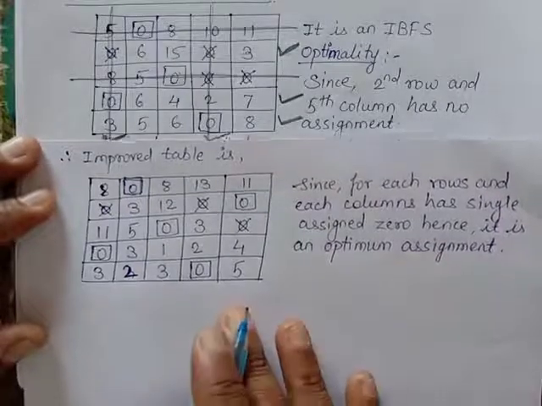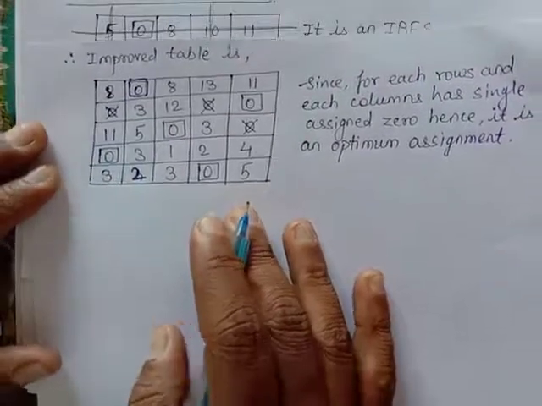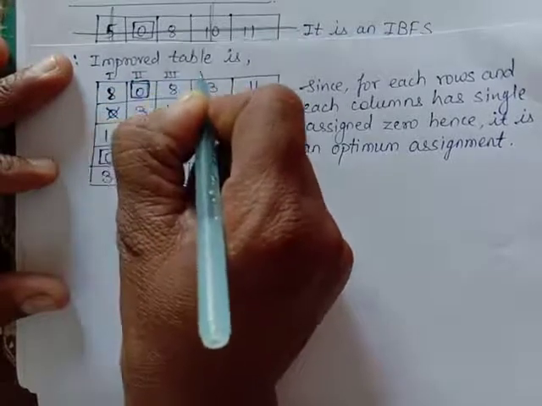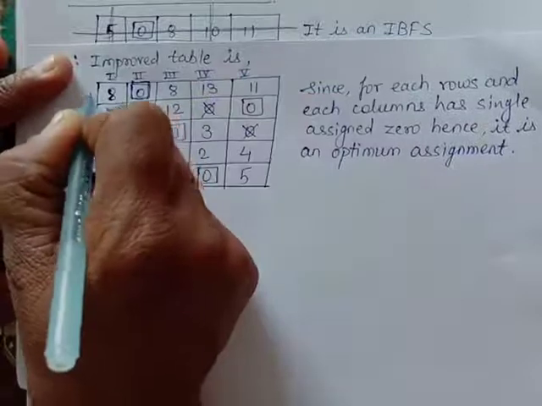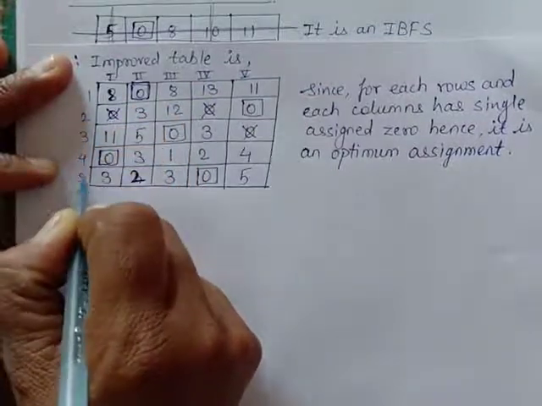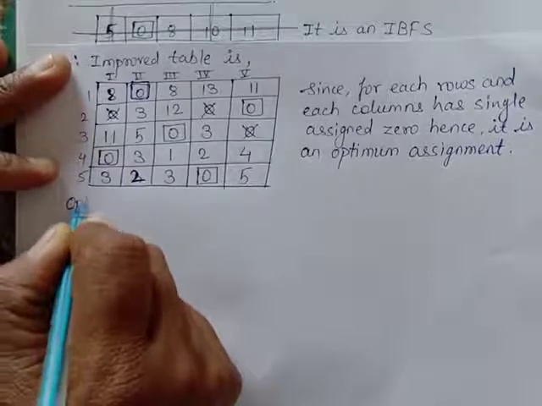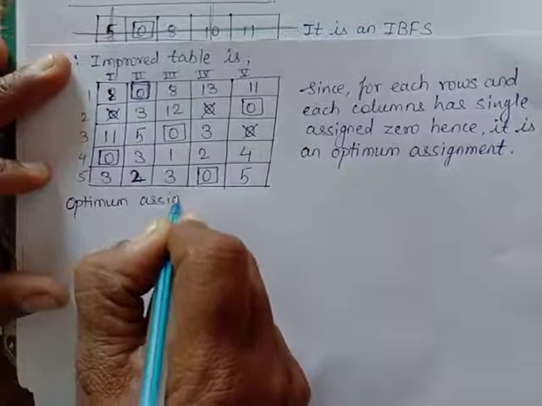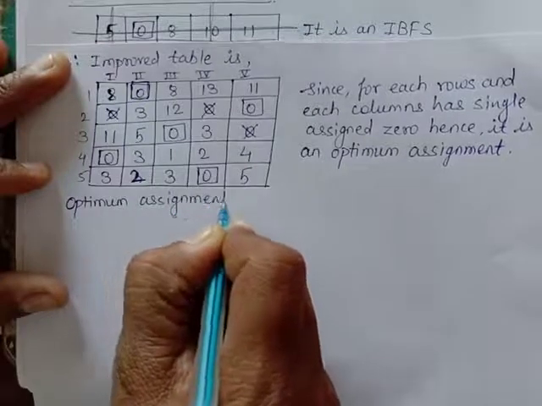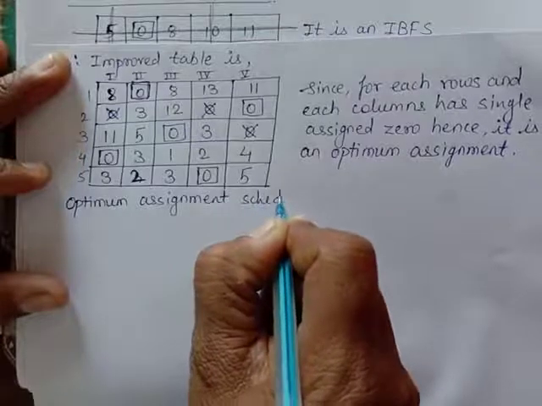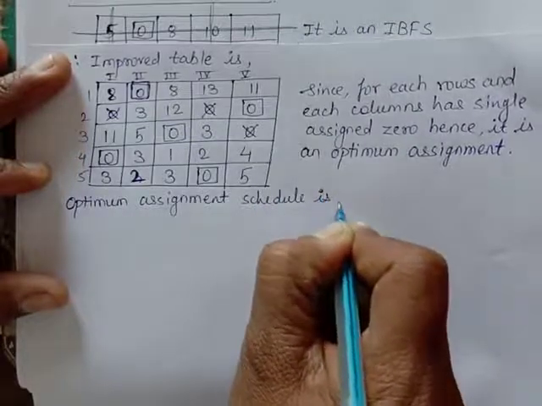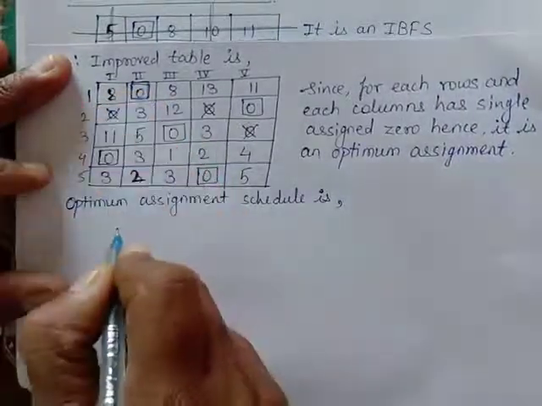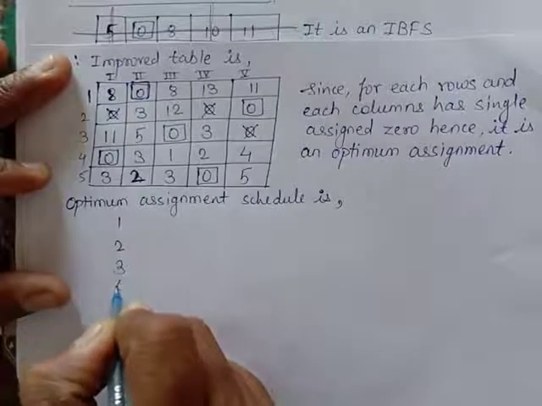Okay, and that optimum assignment schedule is, now if you know, these are machines, so first, second, third, fourth, and fifth, and these are operators 1 2 3 4 5. So the optimum assignment schedule is, now here these operators 1 2 3 4 and 5.